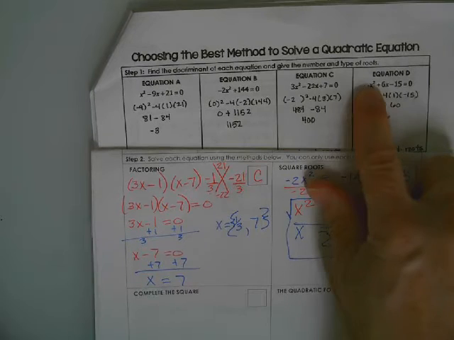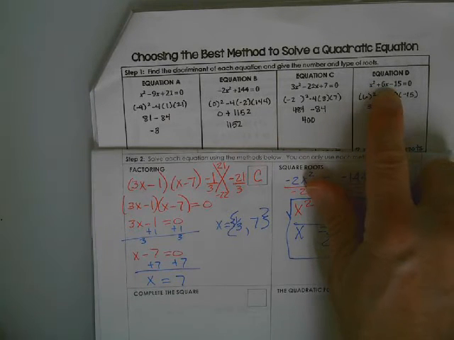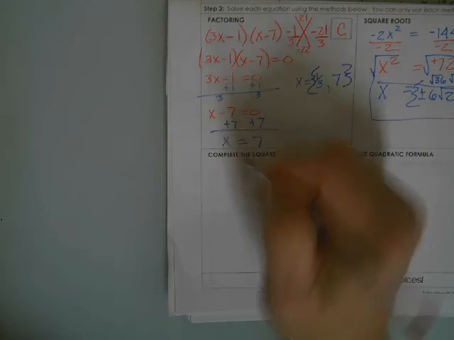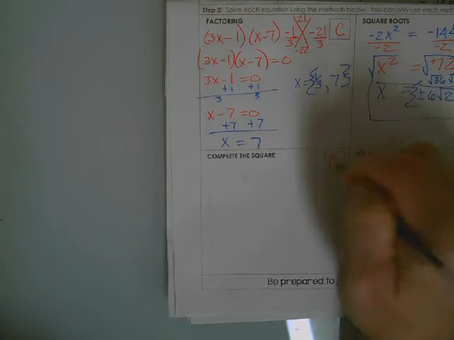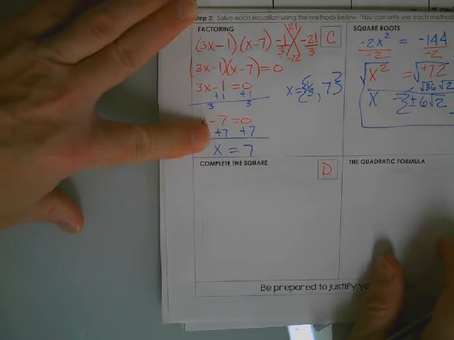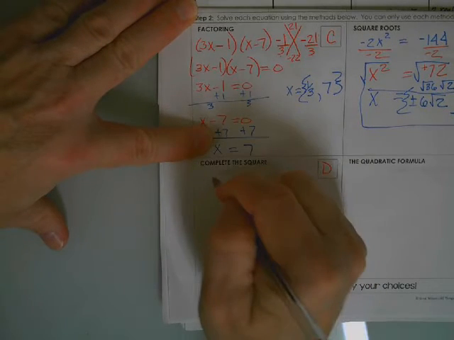Okay, so D, there's no x squared coefficient, and 6 is even, so that's a good choice. A does not have an even b term, so that kind of makes it simpler.